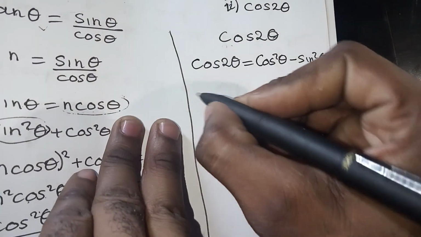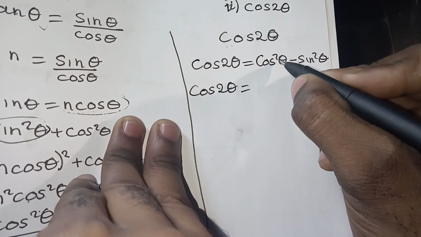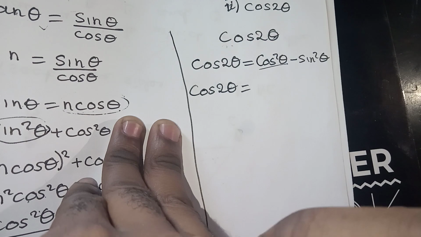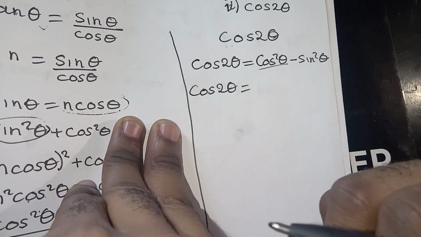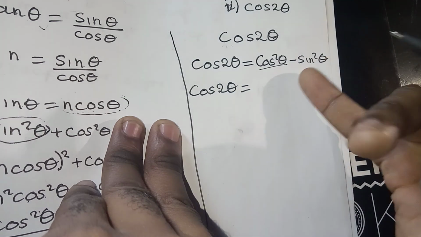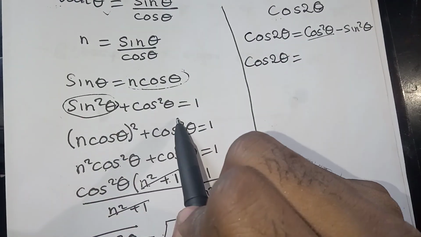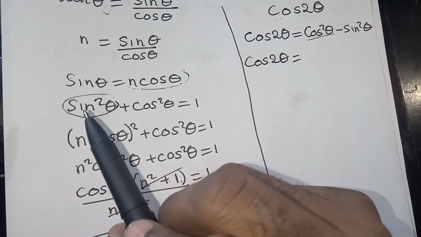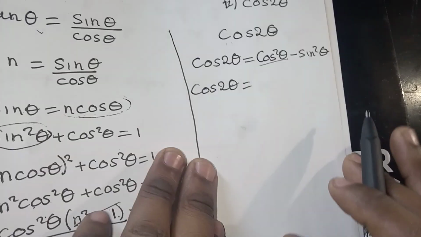So now you have cos 2 theta. You're trying to find cos 2 theta here, so you may not need the sine. So what you do here is you can change it to cosine, and the easiest way is by using this identity there. You can make sine squared theta the subject and substitute it in there.